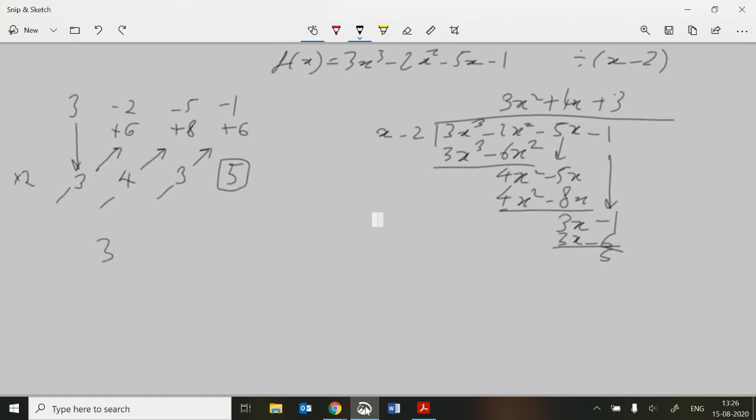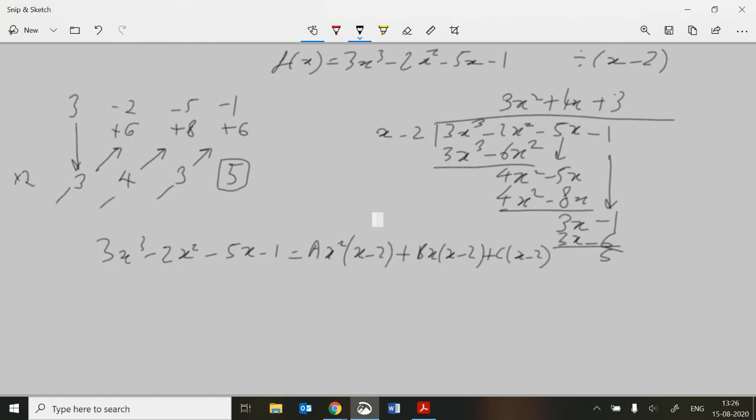Again, we've got 3x cubed minus 2x squared minus 5x minus 1, and we could set this equal to ax squared multiplied by x minus 2, plus bx times by x minus 2, plus c times x minus 2.